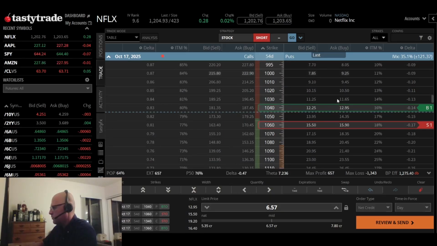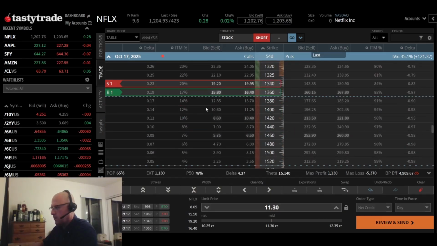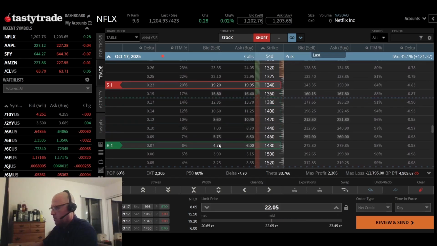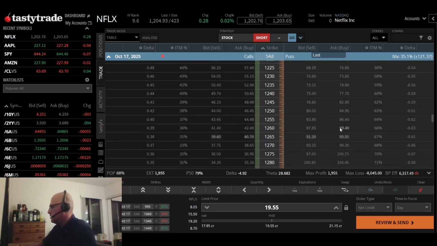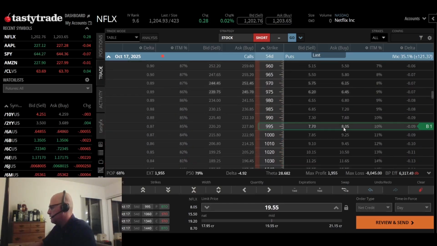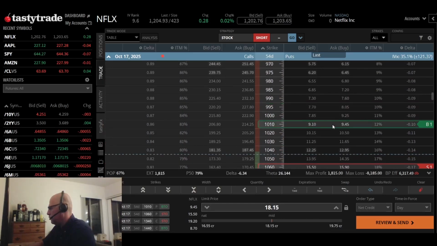The wider again you make this, the more credit you're going to receive, and the more it's going to come to resemble a strangle. So if I were doing this, I might make these fairly wide because my buying power here is only 8,000 something as opposed to 18,000. So I can make these even a little bit narrower to reduce that even a little more.